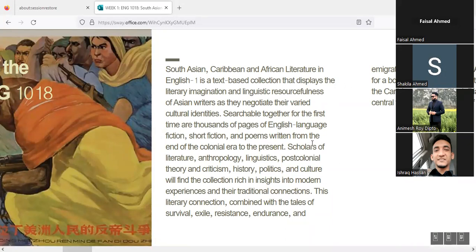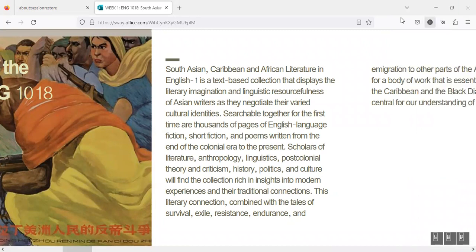South Asian, Caribbean, and African literature in English is a text-based collection that displays the literary imagination and linguistic resourcefulness of Asian writers as they negotiate their varied cultural identities. Searchable together for the first time are thousands of pages of English language fiction, short fiction, and poems written from the end of the colonial era to the present.